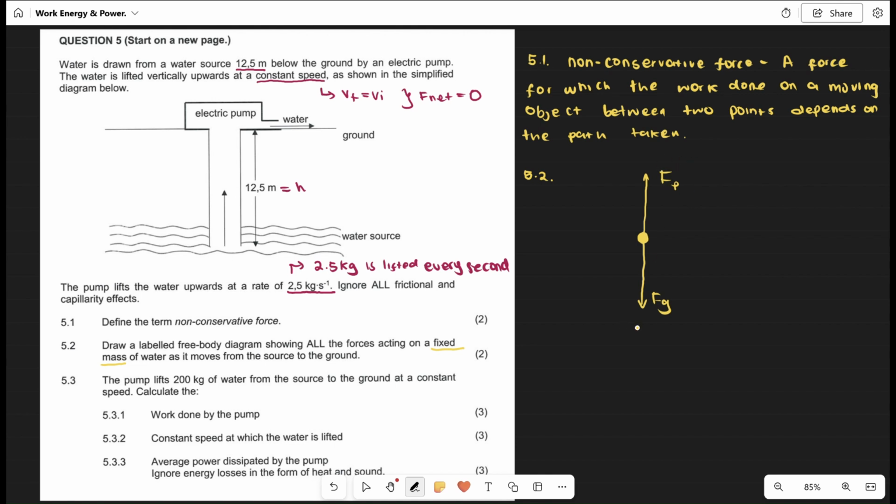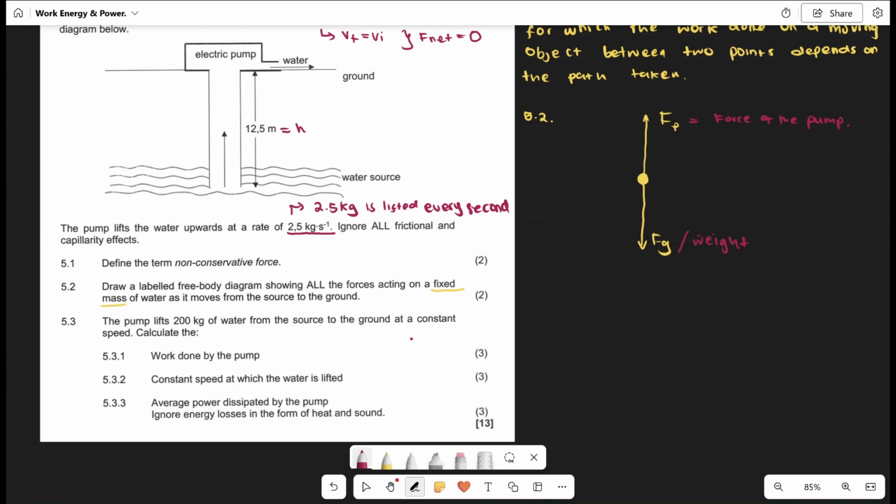So we have the force of the pump and the force of gravity, or you could have just said this is the same thing as the weight, right? And this is your force of the pump, right? And so I think these are the only forces that are acting on that amount of water, right? So from there, we can go to 5.3, right?